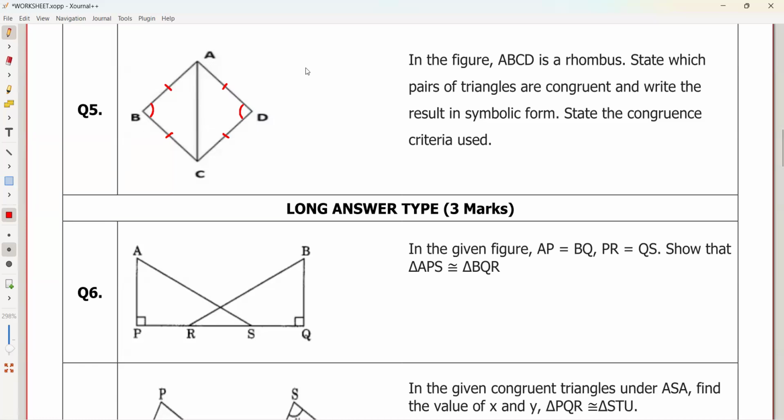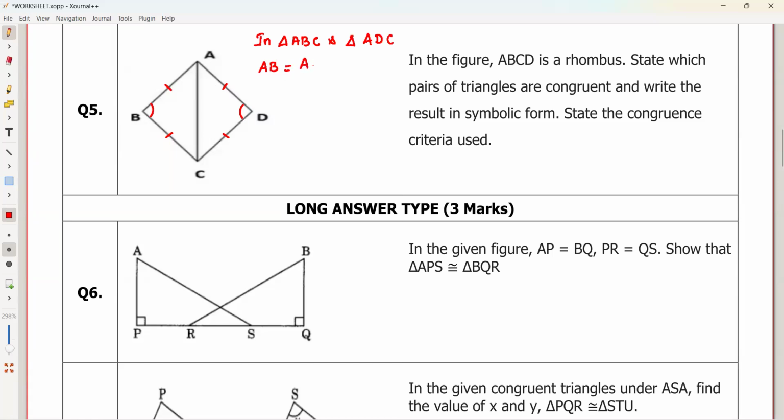If I take the triangle, I'm just choosing the triangle. In triangle ABC, and another one is ADC. Now tell me, AB is equal to AD.